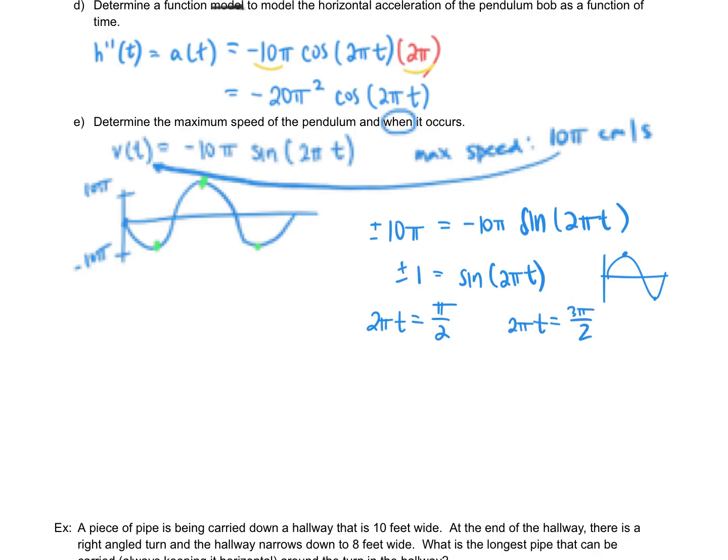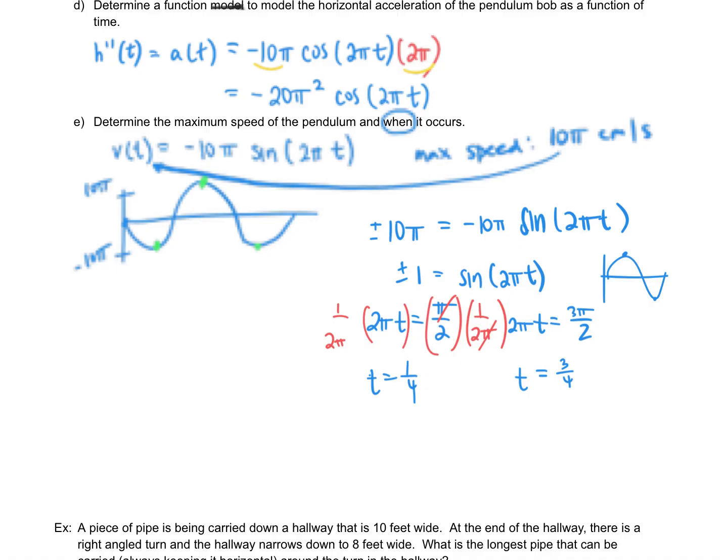And now I'm just going to divide both sides by 2 pi, or multiply both sides by 1 over 2 pi. And when you see it like that, you see, oh, the pi's cancel, and then we just have time equals a quarter. And then for the other one, same idea. When I multiply by 1 over 2 pi, I end up with 3/4.